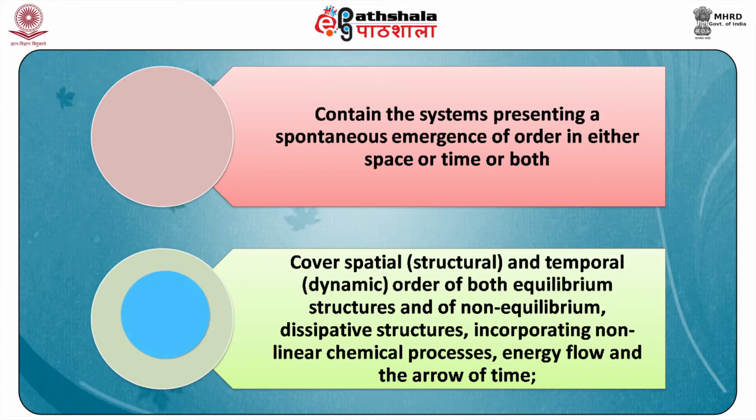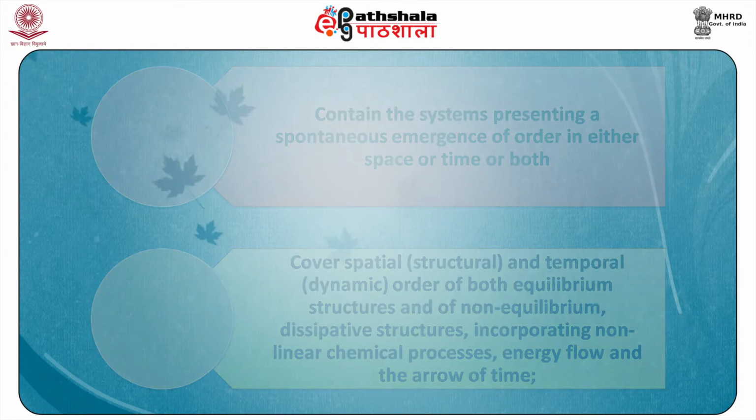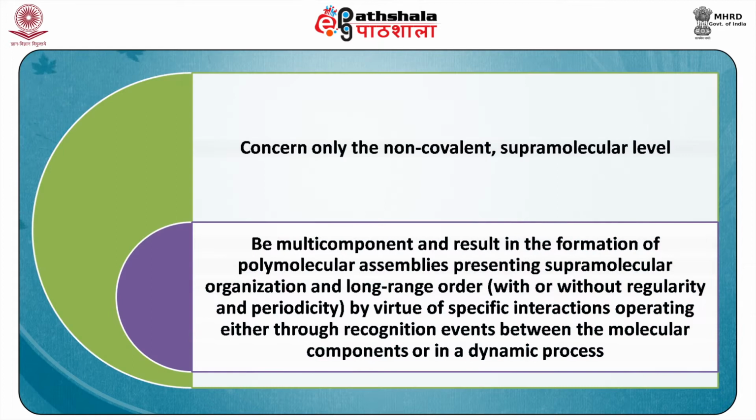Also, it would cover spatial, that is structural, and temporal dynamic features or order of both equilibrium structures and of non-equilibrium dissipative structures, incorporating non-linear chemical processes, energy flow, and the arrow of time. Thirdly, it would concern only the non-covalent supramolecular level.